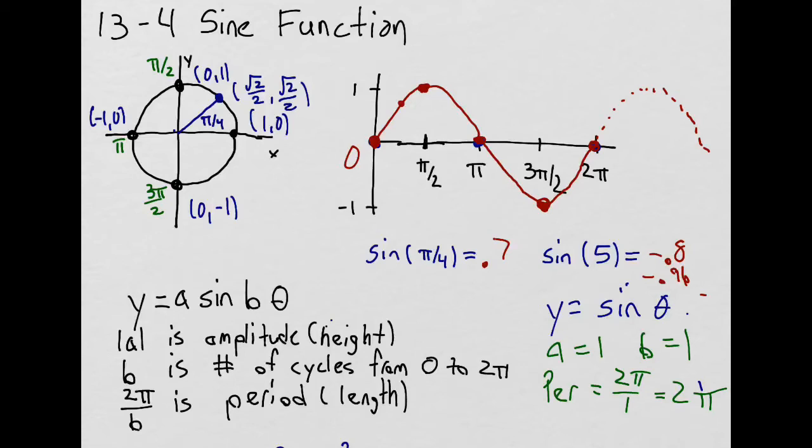Okay, what's that mean? My period is 2 pi. That means the length of one complete cycle from beginning to end, going all the way up, all the way down, and back to where I started again, is 2 pi. Okay? Now, we're going to be modifying a and b, though. So let's see what happens when you do that.